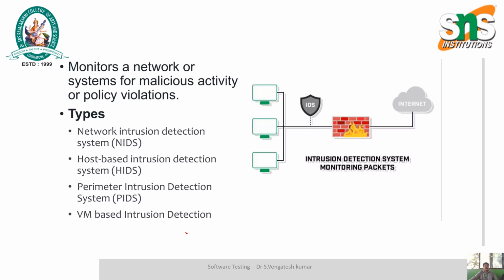When you look at all this, intrusion detection system monitoring and packets are governed here. It monitors a network or system for malicious activity or policy violations. The types are network intrusion detection, host-based intrusion detection, perimeter intrusion detection, and VM-based intrusion detection. These are the case studies we look at in all the data breaches that happen in industries.